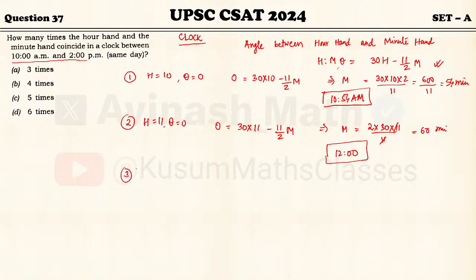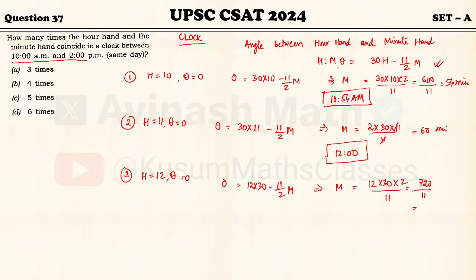And third case is take h as 12 and theta as 0, right? So this is 0, it is 12 multiplied by 30 minus 11 by 2 m. This implies m is 12 multiplied by 30 multiplied by 2 divided by 11, which is 720 divided by 11.